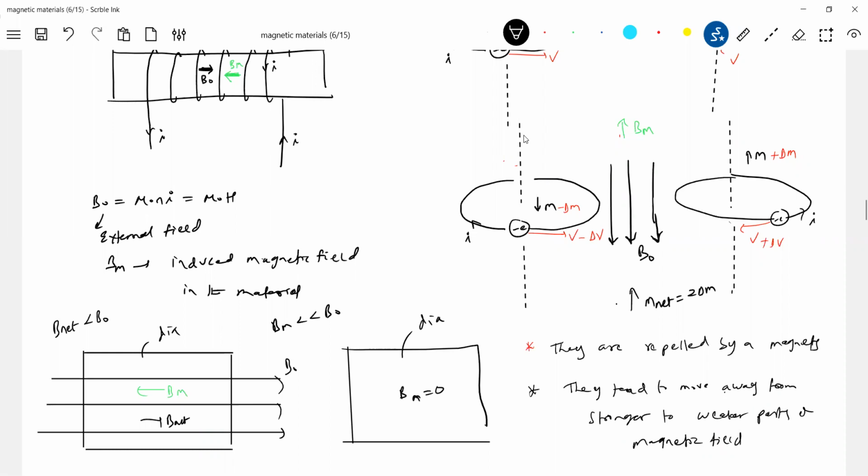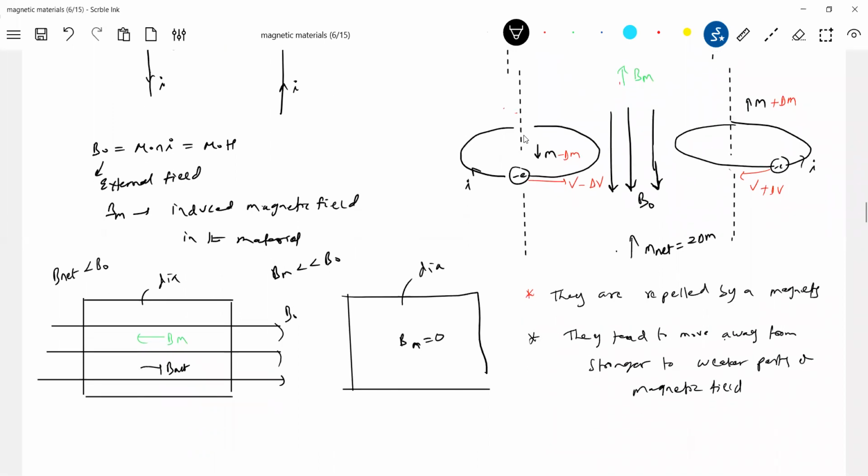Next, what is the value of mu r? Mu r will be very much less than 1, very small. And what about susceptibility? It will be negative and very small. Why negative? Because it shows direction: Bm is opposite to B naught. And what is the formula?